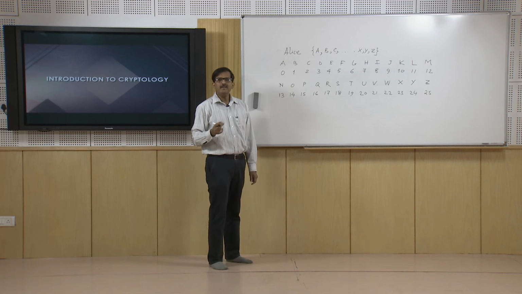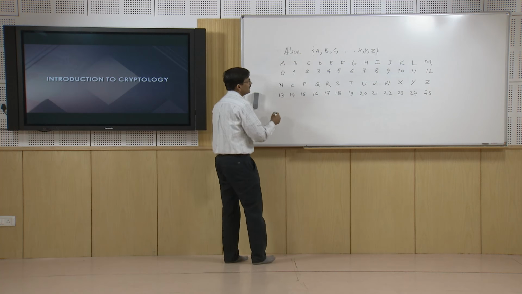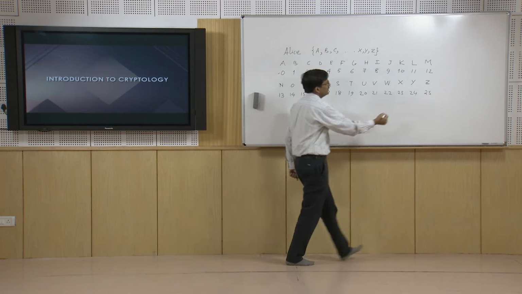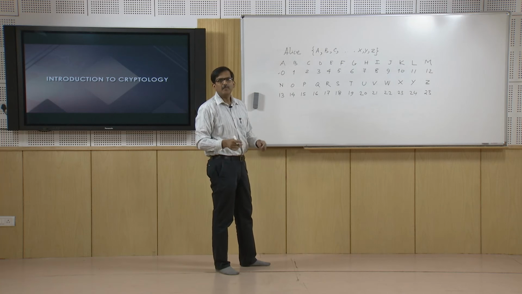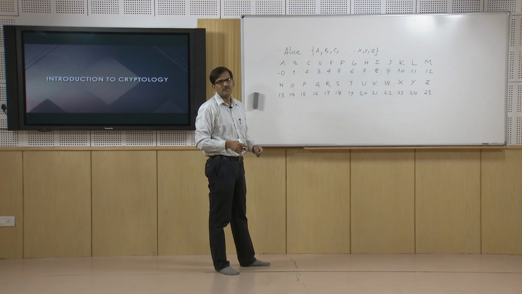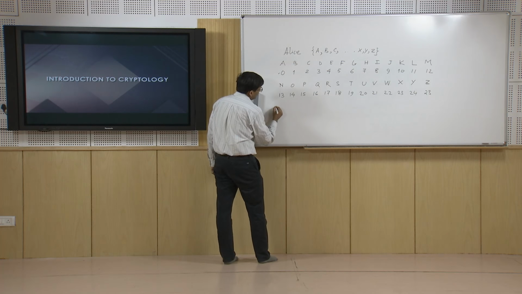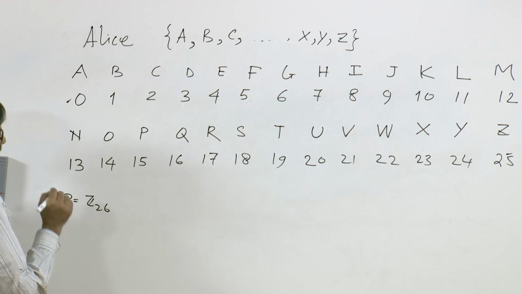The set of plain text which we will consider is numbers from 0 to 25, and there is a benefit of considering the numbers instead of the letters in the alphabet, that we will see very shortly. So, we will fix the plain text set to P equal to Z by 26.